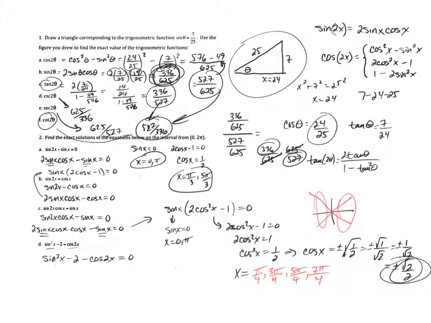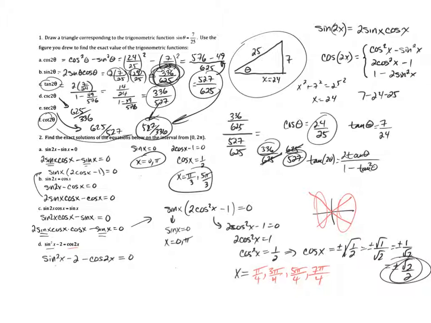And I referenced this earlier when we were talking about coming up with these formulas for cosine of 2x, in that there's 3 different flavors, as I called them. For this particular example, because we've got a sine squared of a regular x and a constant, it would be really nice if we could replace this thing only with sine values, or a sine ratio, as opposed to mixing in sines and cosines together. So if we use this third option of 1 minus 2 sine squared, I think that's going to benefit us.